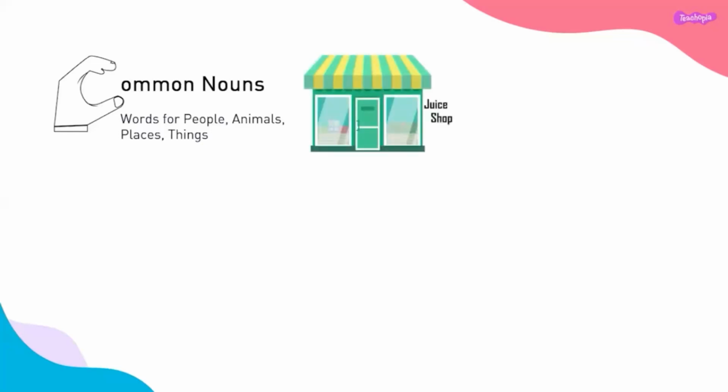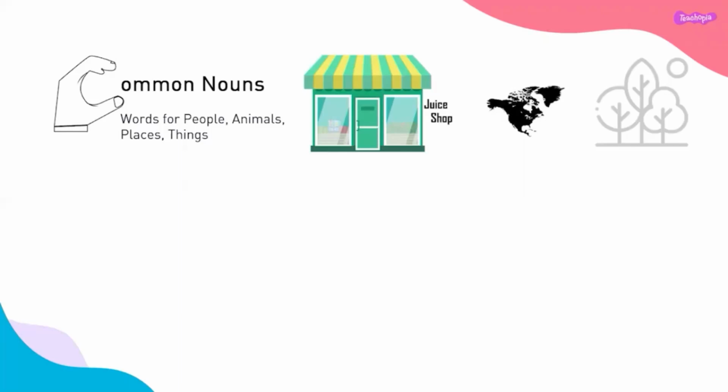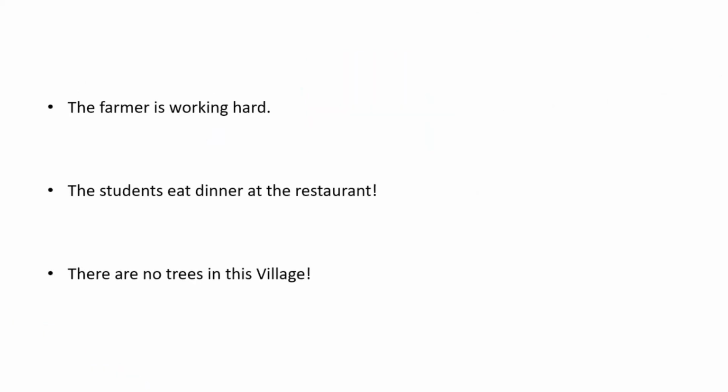Let's look at two types of nouns. The first one is common nouns. Common nouns are words used for non-specific places, persons, ideas, or objects. Common nouns are not capitalized. For example, the farmer is working hard. Can you identify the common noun in this sentence? I think it is the word farmer.